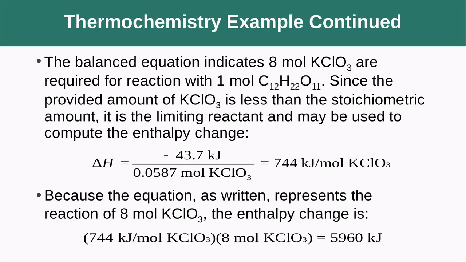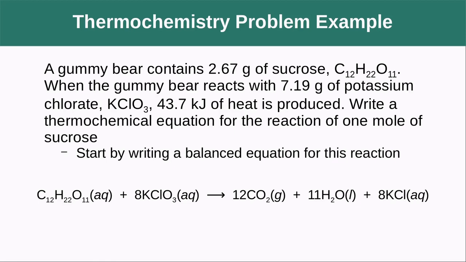Next, we take the limiting reactant, our potassium chlorate, and we're going to use that to determine our delta H change. What we're going to do is come back here and look at the problem. We see that there's 43.7 kilojoules of heat produced.